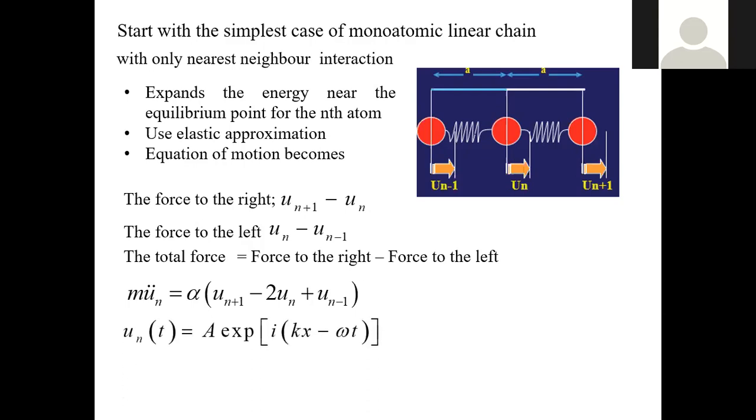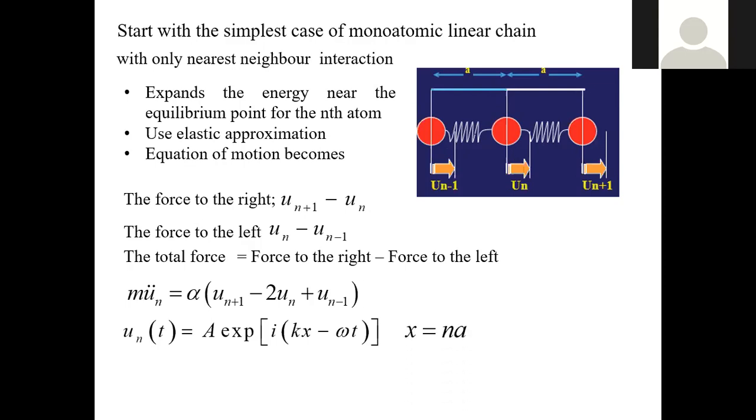Next, we assume here that the displacement of the nth atom with time t is given by a constant times exponential i(kx minus omega t), which is the standard wave equation. x is the position of the atom and omega is the frequency of vibration at time t. So this is the displacement at time t of the nth atom from the equilibrium position un.